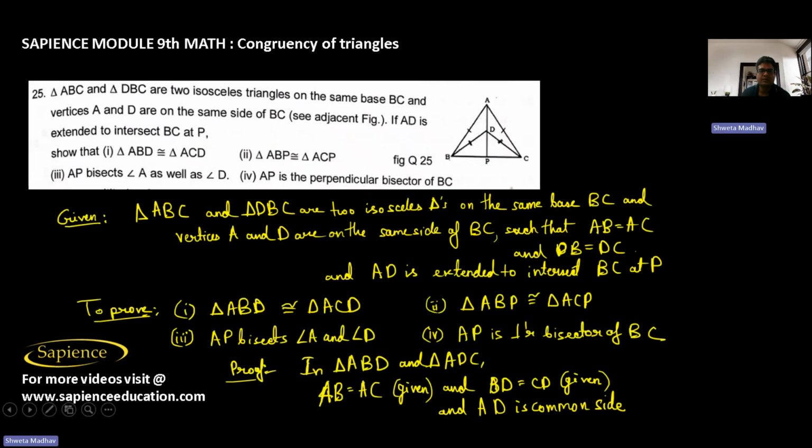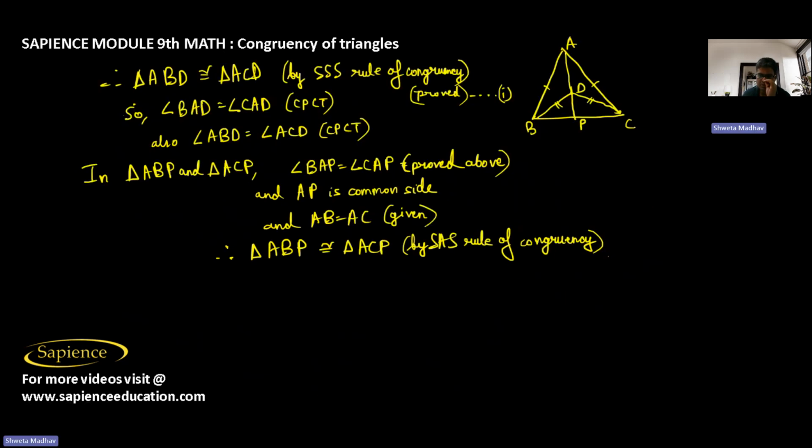And then you can say AP is perpendicular bisector of BC. So here the AP bisects angle A. So hence here we have shown that BAD is equal to CAD.